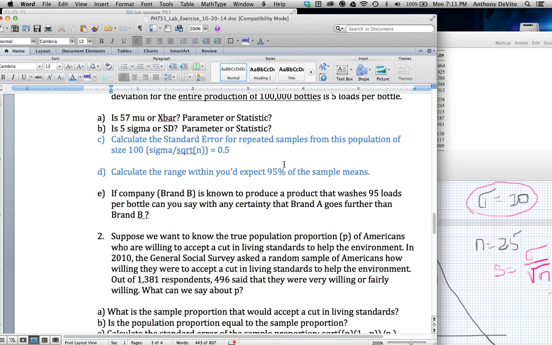So now not only do I know the mean is around 57, but I can also predict that I'm 95% sure not only is it close to 57, but I'm 95% sure that if it's a sample size of 100, it's somewhere between 56 and 58. If it's a sample size of 25, I'm 95% sure it's between 55 and 59, right?